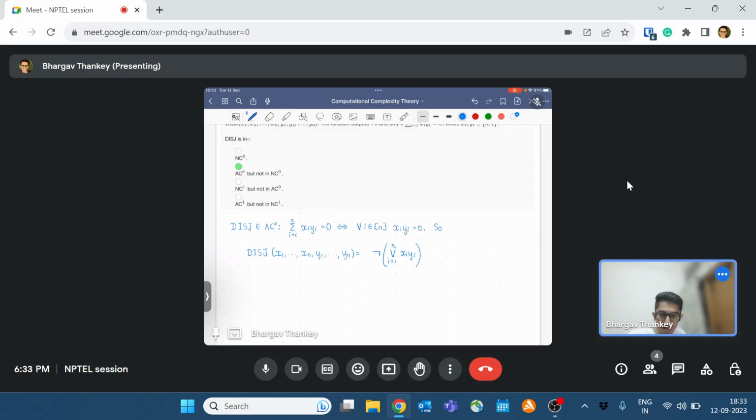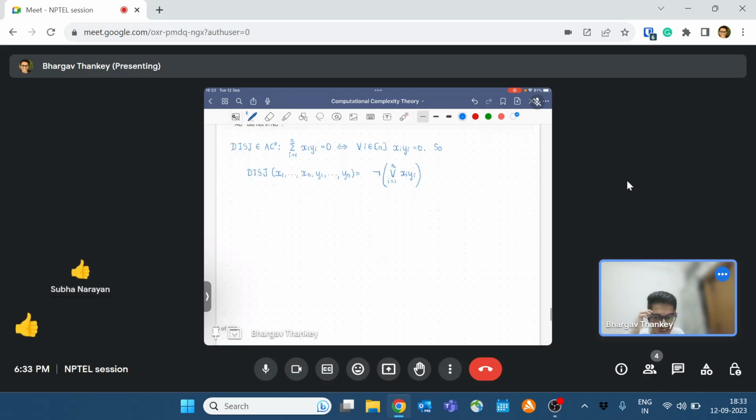Yeah, and this naturally gives us a circuit, right? Oh, by the way, I need to write one more thing. Also, xi yi is the same as xi AND yi, right? Why? Because xi yi is one if and only if both xi and yi are one, which is when xi AND yi is one, when both of them are individually one. These two are exactly the same thing.